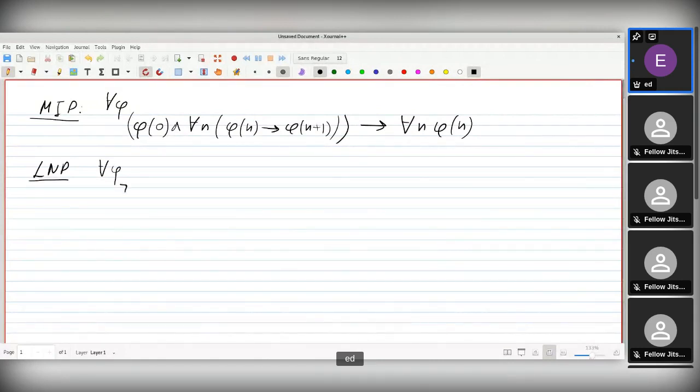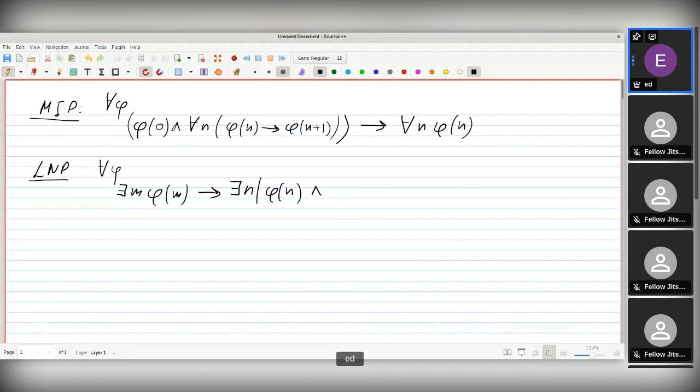For every property phi, if there is a number m for which phi holds, at least one m, if phi is not universally false, if it is true at least sometimes, then there is a number n, which is the minimal number for which phi holds.